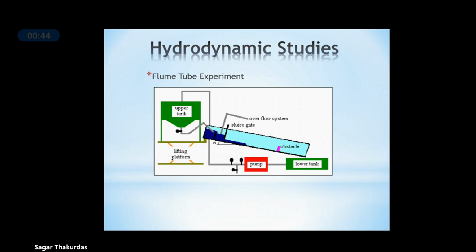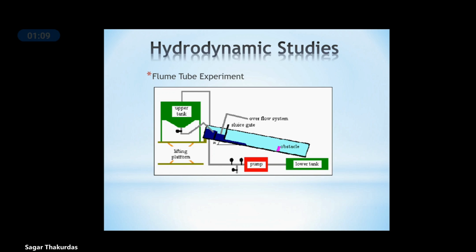As a result, a lab setup is prepared, as shown in this diagram, called the flume tube experiment, where a glass tube is filled with sediments of different grain sizes, and water is allowed to flow from one side along the slope.